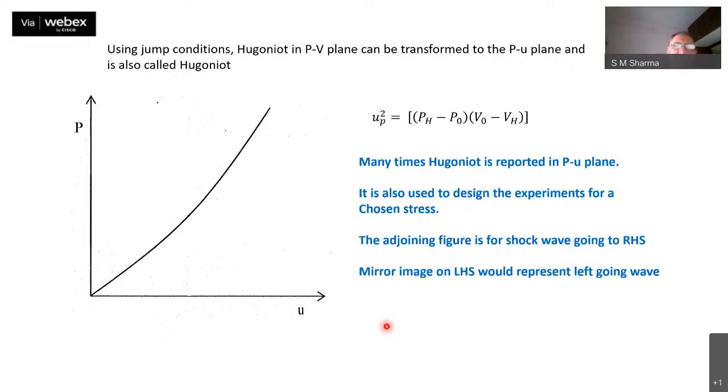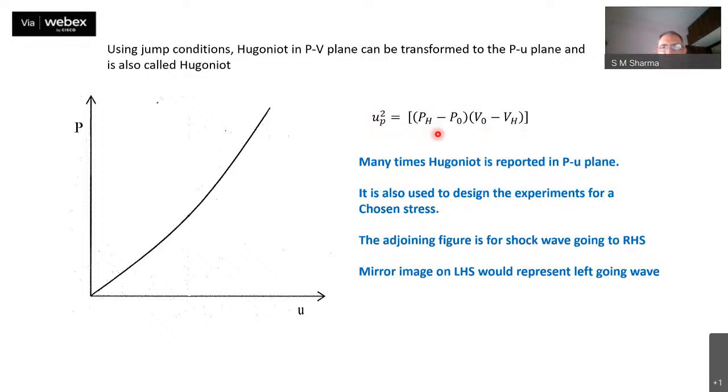I mentioned the jump conditions in the form of the variables earlier. One can recast some of those things in different forms. One can also transform the PV plane into the PU plane. I just showed this example of how the particle velocity can be written in terms of pressure and volume.